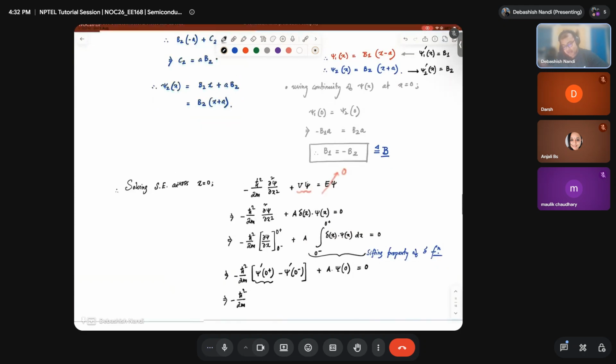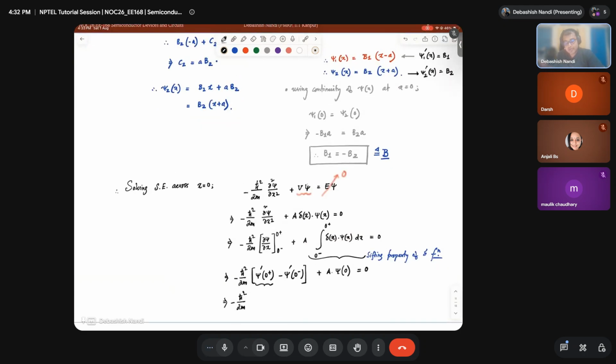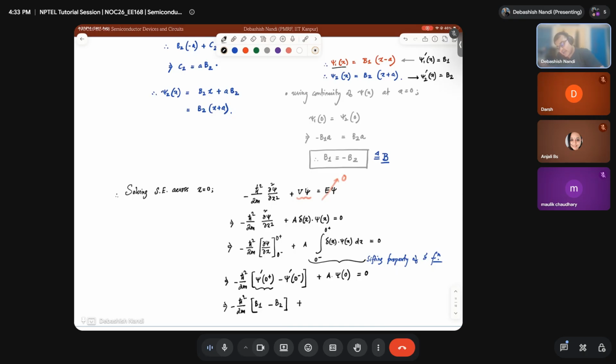Psi 1 dash at 0 gives me b1, and this will give me b2. Fine. And then a psi 0, what is my psi 0? So if I have psi 0 here, I'll have b1 times minus a, minus b1a, right? Psi 0 is same for both the cases. I can have minus b1a or I can have b2a. Let me choose minus b1a.